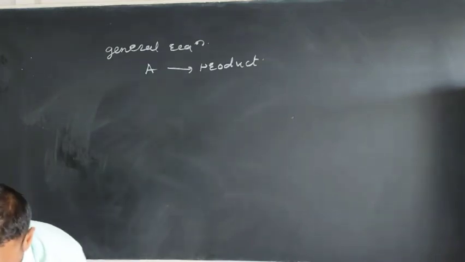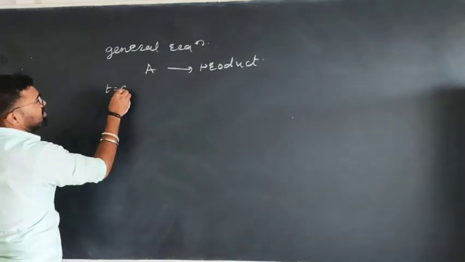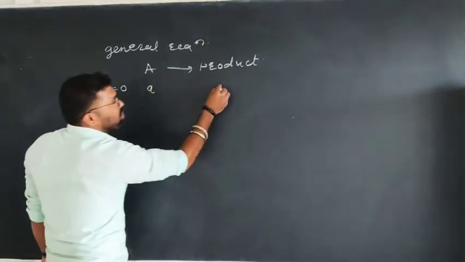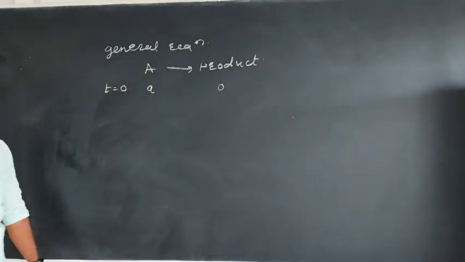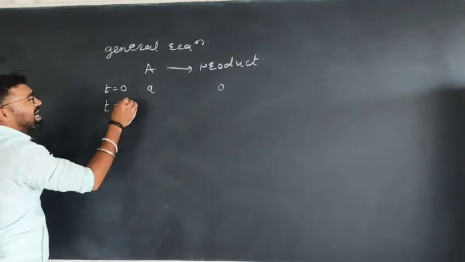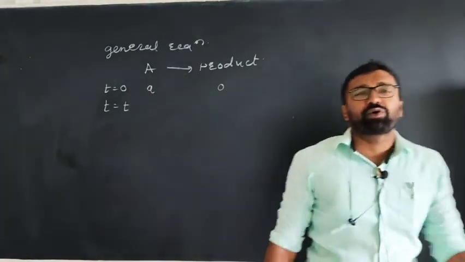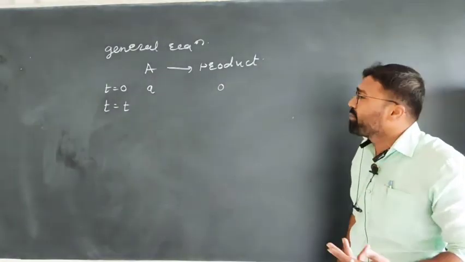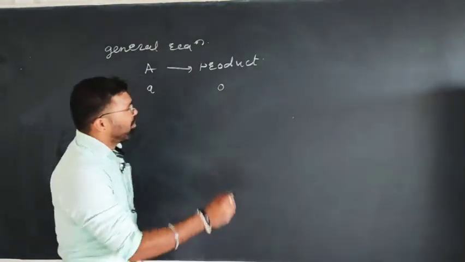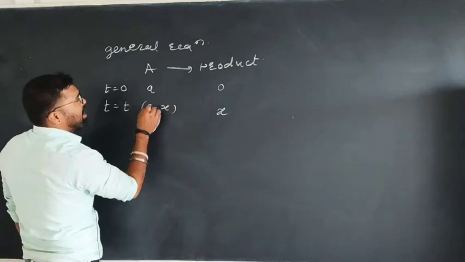Suppose at time t is equal to 0, the concentration of reactant is A, and there is no formation of product, that means product is 0. At time t, any time, 1 minute, 2 minutes, 100 seconds, 1 hour, 1 day, suppose x amount of product is formed. The remaining concentration of reactant is A minus x.